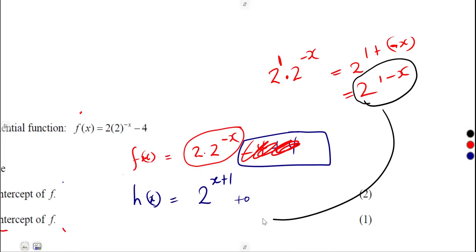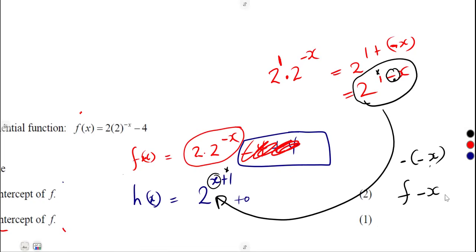But look how it is written on h of x. What happened? The x is the only thing which changed. Remember, 1 is positive here, 1 is positive. But if we check x, it was minus, now it's positive. So we multiplied the value of x directly by a negative. This transformation is f of minus x.